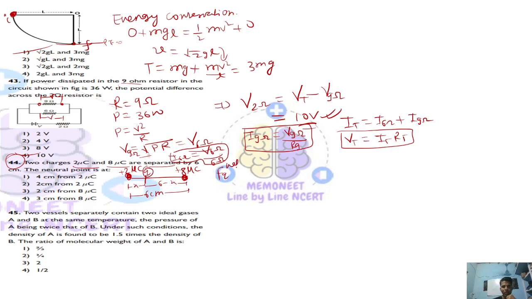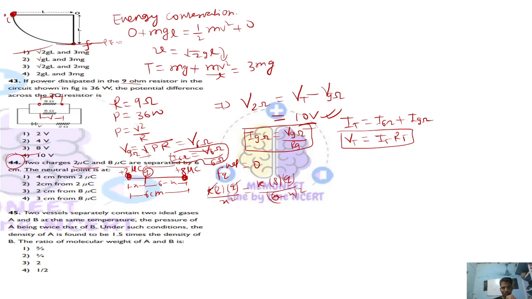Net force on q you can put as 0. So k q1 q by r square, meaning x square, equals k q2 q upon r square, meaning 6 minus x to the whole square.